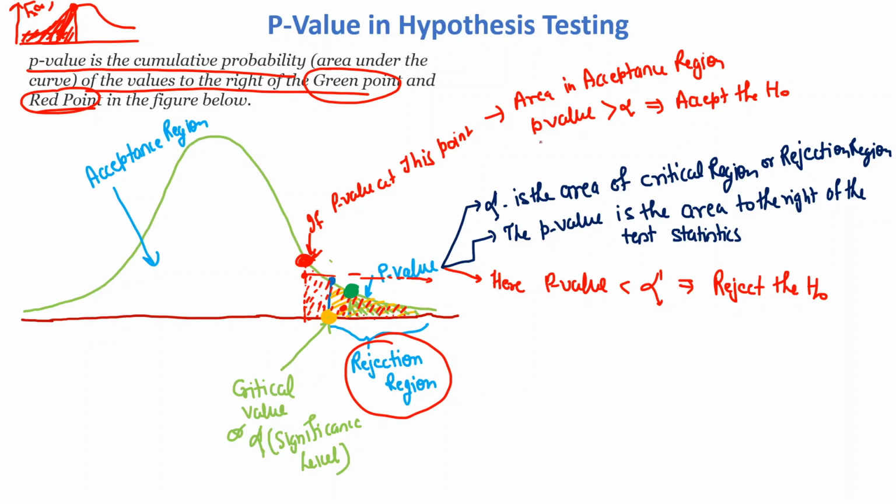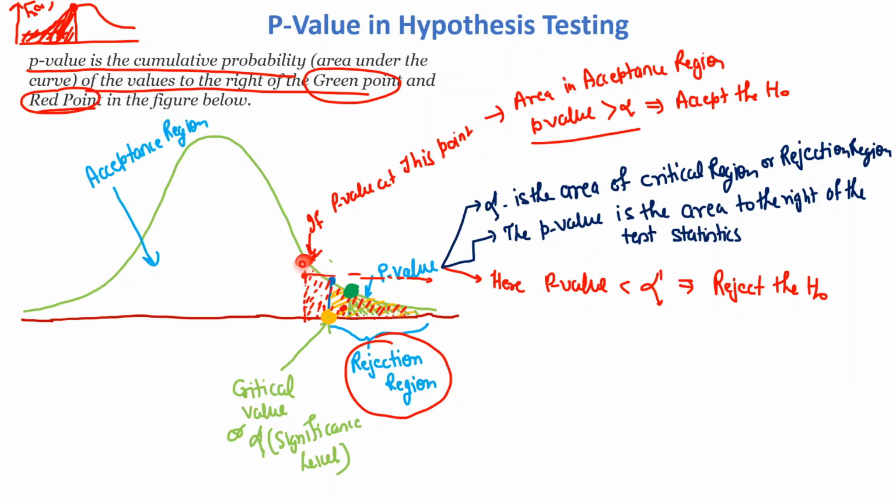There is one condition: if p-value is greater than alpha, it means this red dotted area is greater than your critical region area. You can see this yellow dotted area; the red dotted area is large compared to the yellow area.